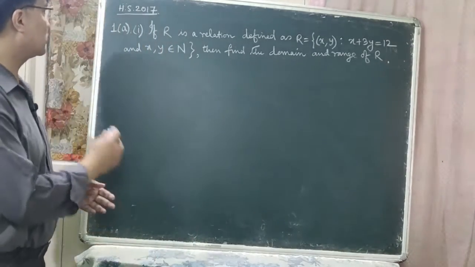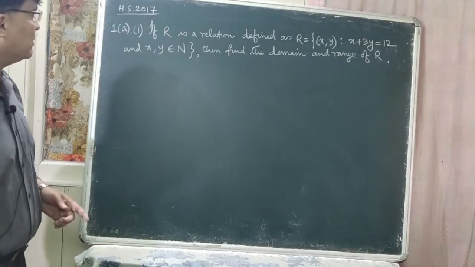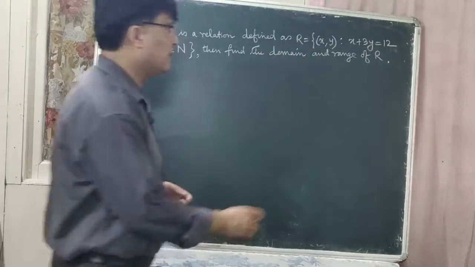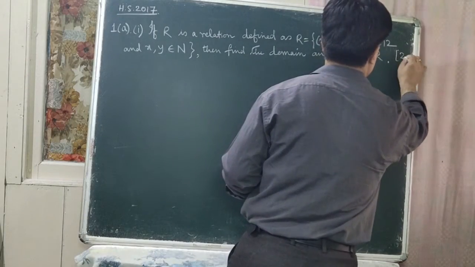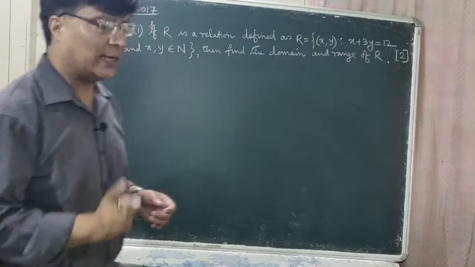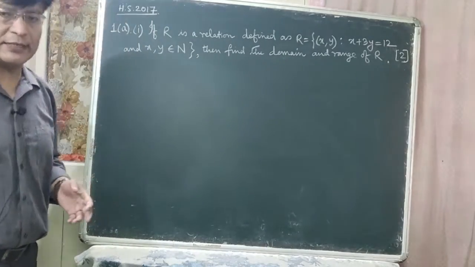Now we'll do the next question, that is from HS 2017, and this question carries 2 marks. This is from the 2 marks section, right? And this is from HS 2017.